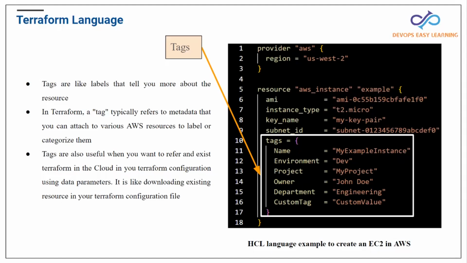And tags also, let's say you want to create a resource in AWS, you can just put these tags. As we can see here, we have a name, environment, project, owner, department, and a custom tag. You can customize this based on your need, right? Every company out there will have its own way of naming their tags.